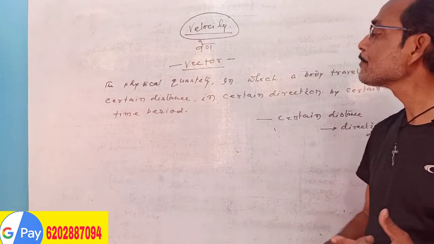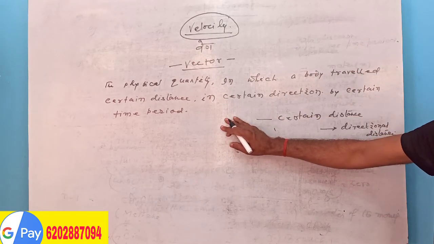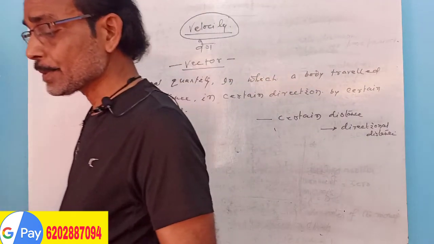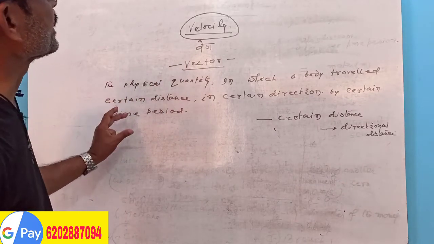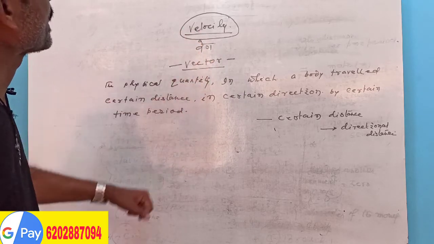A velocity is also defined as the displacement of a body in a certain period of time.